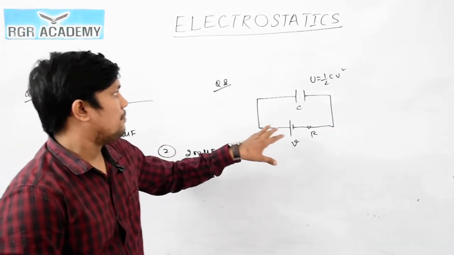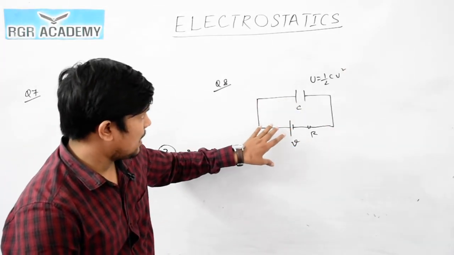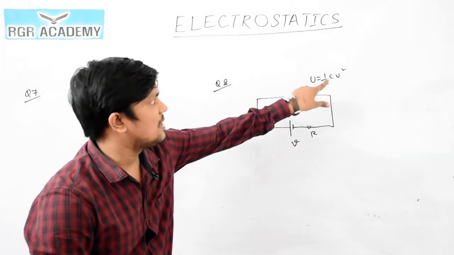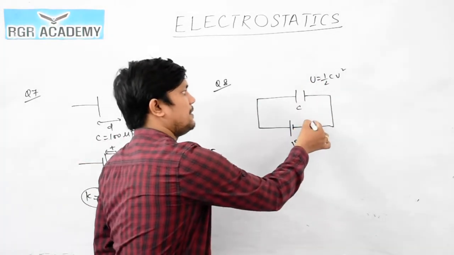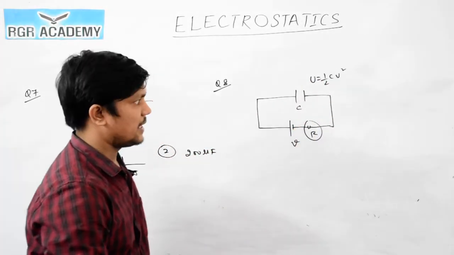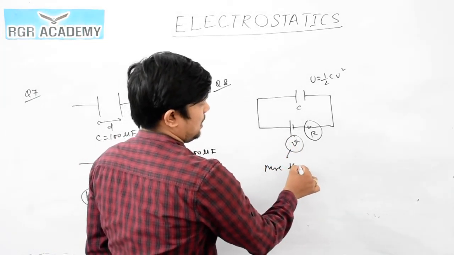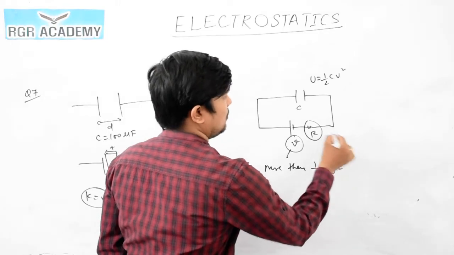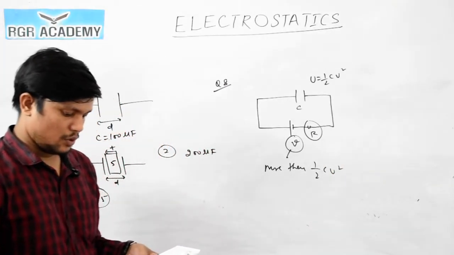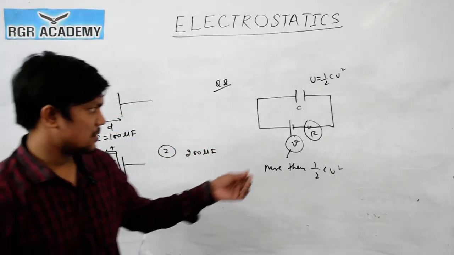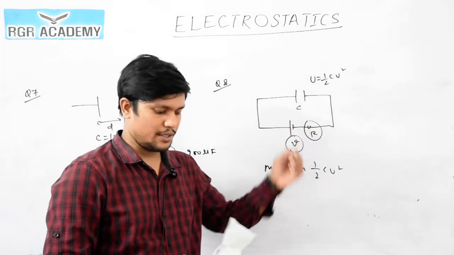The battery is supplying the energy, the energy gained by the capacitor is half C V square, and some of the energy is dissipated in the resistor. So the energy supplied by the battery will be more than half C V square, because some energy is dissipated in the resistor also.